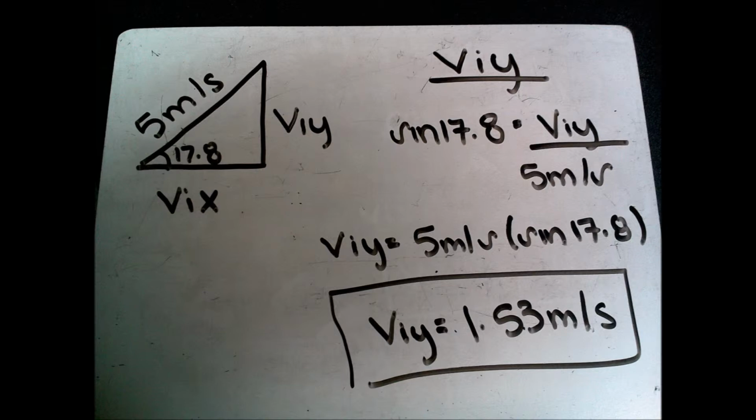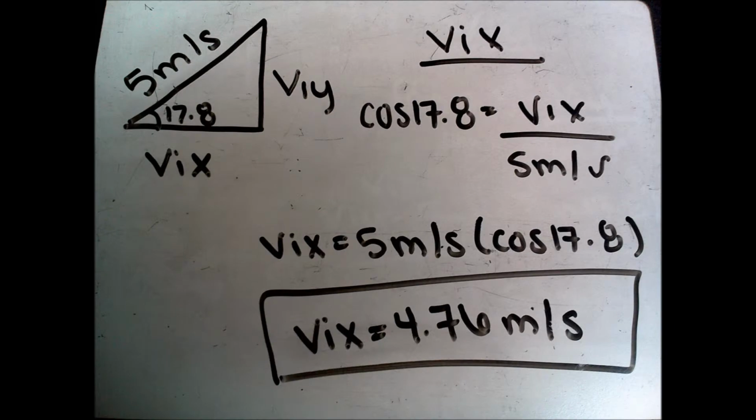If we do the same to solve for Vix, using cosine of 17.8, we get the equation Vix equals 5 meters per second times cosine of 17.8, which gives us Vix equals 4.76 meters per second.